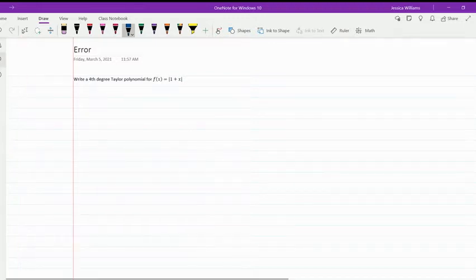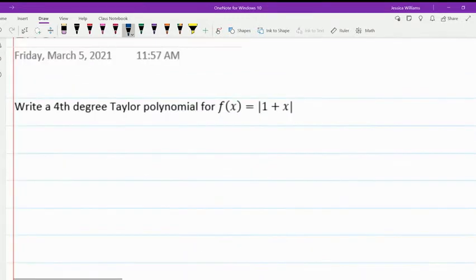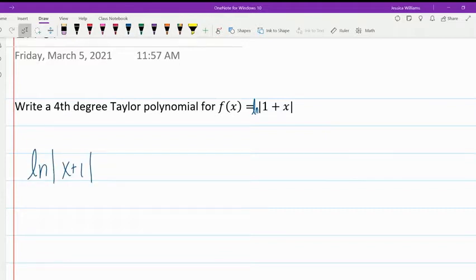So if we start with this request here to write a fourth degree Taylor polynomial for that function. Oh, that function's missing natural log, the natural log of that. That's fine, we can do that because that's in our memory. So we know that the natural log of the absolute value of x plus 1, from my memory, I got x.